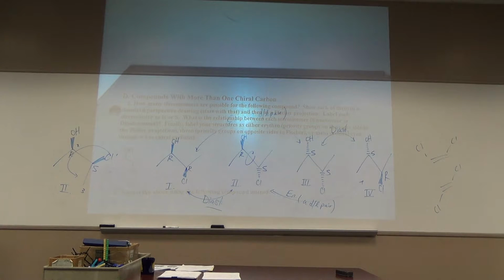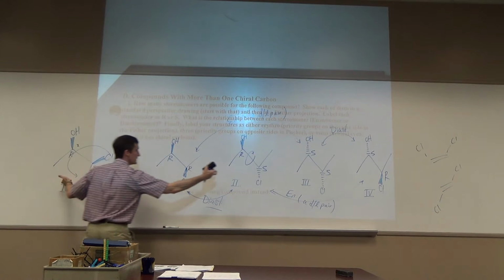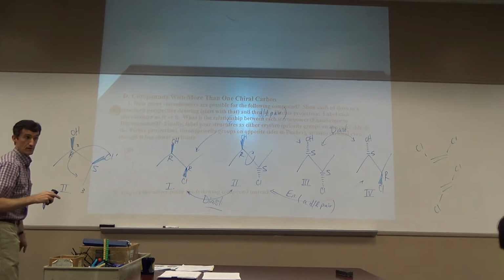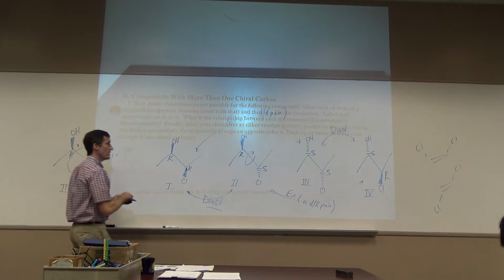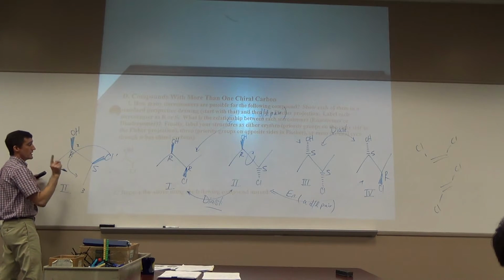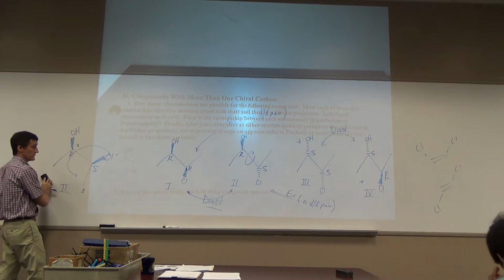Let's draw a Fischer projection of number 1. Me pointing this out is going to be kind of relevant to the lab today. Okay, you've got to be careful about calling things cis or trans. You've got to understand the free rotation. Importantly, you can always just do R and S. See what you got.